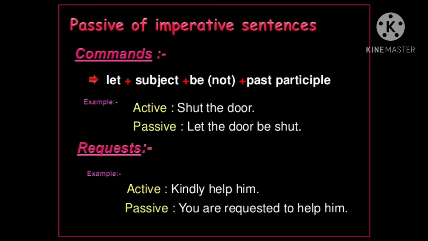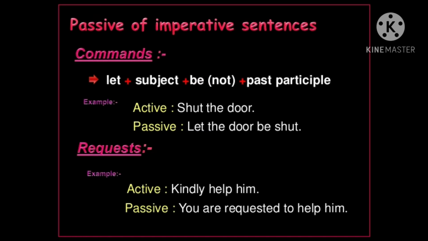We will see the passive forms of the imperative sentence, which means how we change the active voice into passive voice in imperative sentences. So the first one is commands. The sentence structure is let plus subject plus be plus past participle.